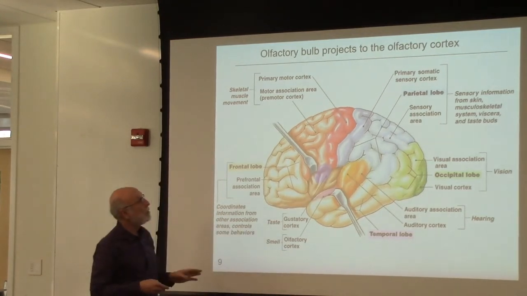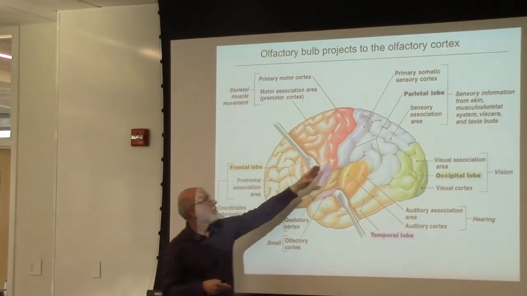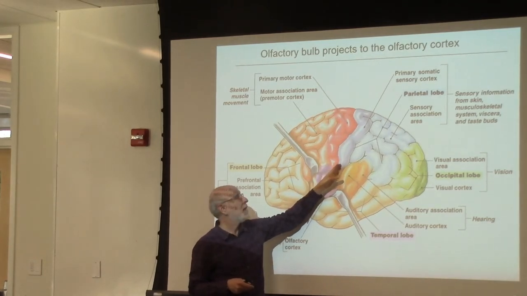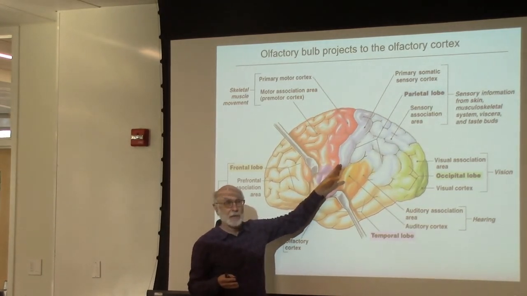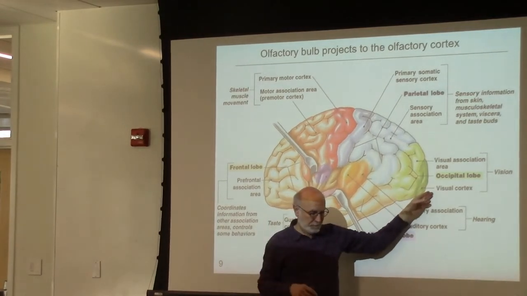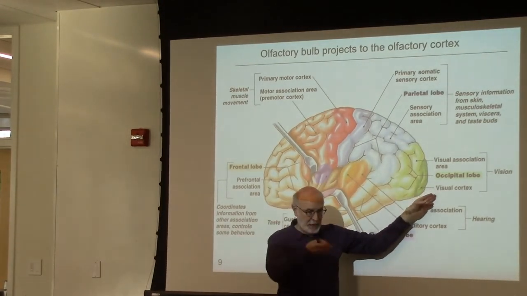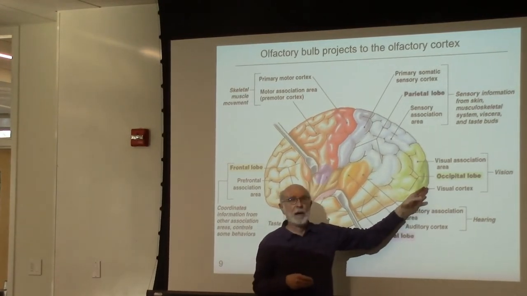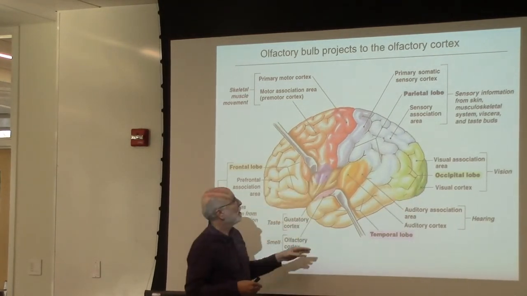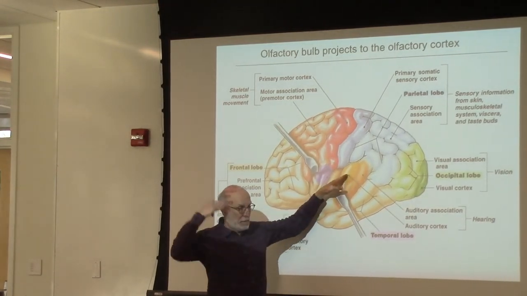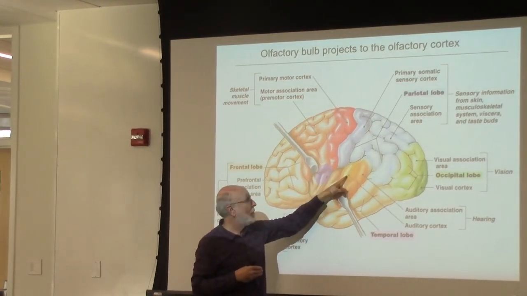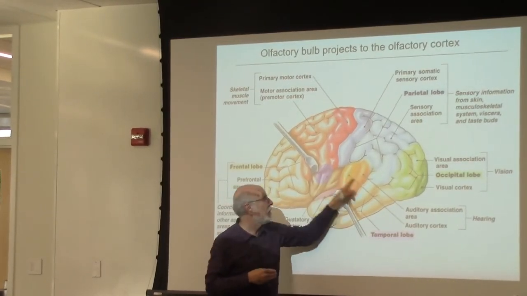Now, let's do a little bit of review. Here is the post-central gyrus, where the primary somatosensory cortex is. Here is the occipital lobe, where the primary visual cortex is. Here is the superior temporal lobe, where the primary auditory cortex is.